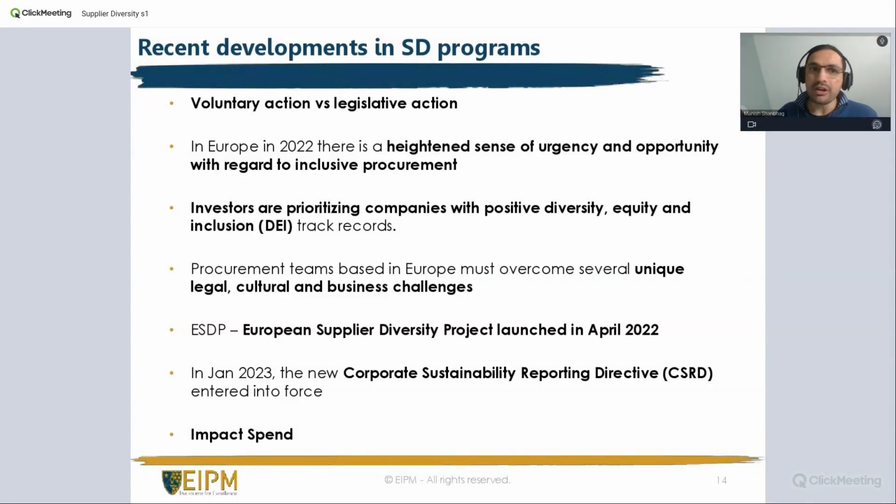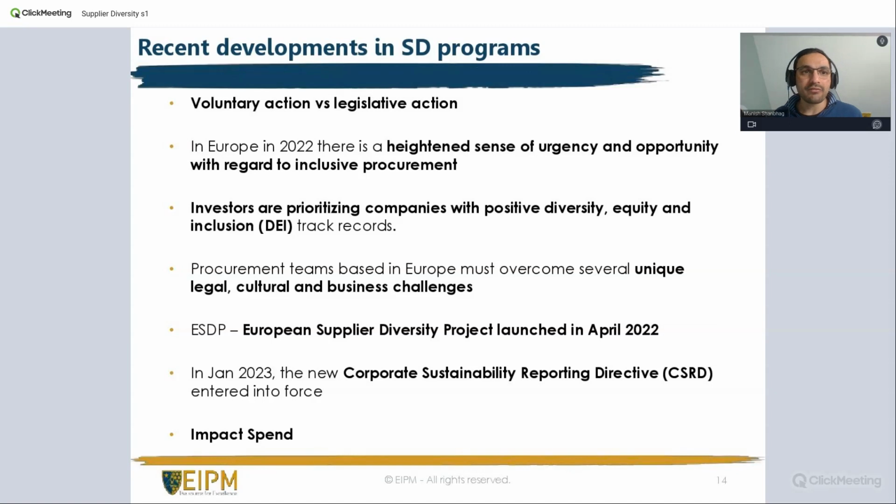In Europe, especially in 2022, there's a heightened sense of urgency and an opportunity with regard to inclusive procurement. More and more organizations are doing this now for various reasons, and some of the benefits we have seen. On top, investors are prioritizing companies with a positive DII track record.